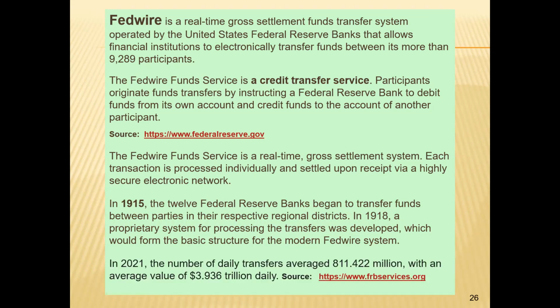In 2021, the number of daily transfers averaged over 811 million transfers, with an average dollar value of $3.936 trillion on a daily basis. So that's a whole lot of money being transferred. So that's Fedwire. Let's move on to CHIPS.